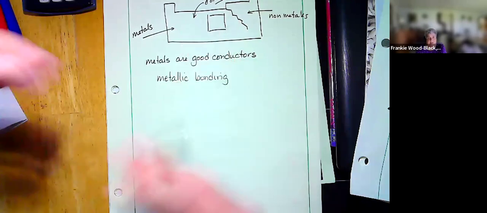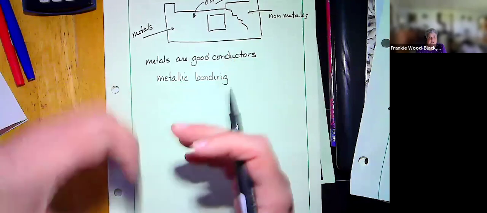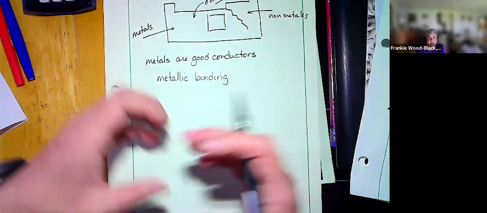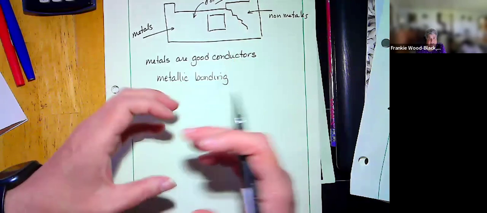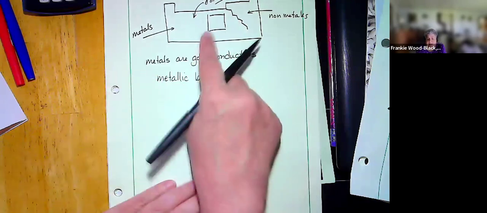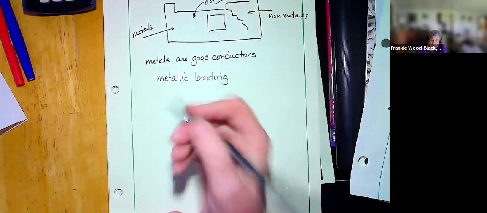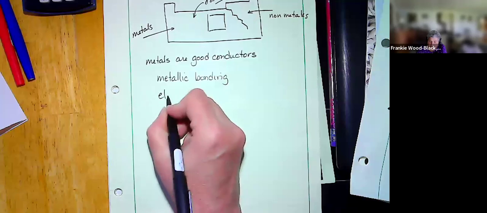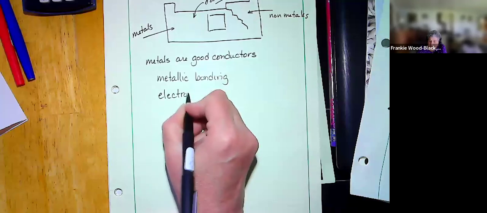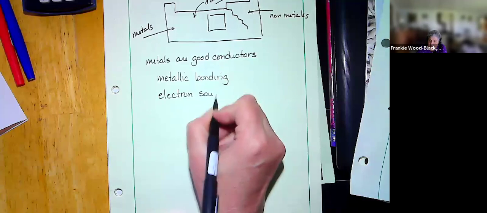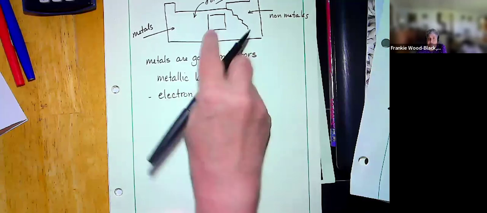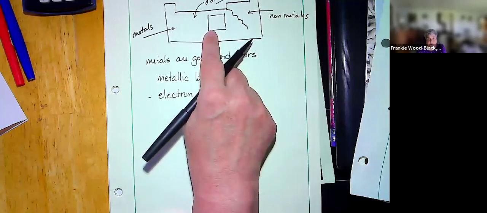And because of those energy levels, one atom right next to the other atom may or may not know who has the electron. And this becomes kind of what I call electron soup, and that's going to allow those electrons to move.